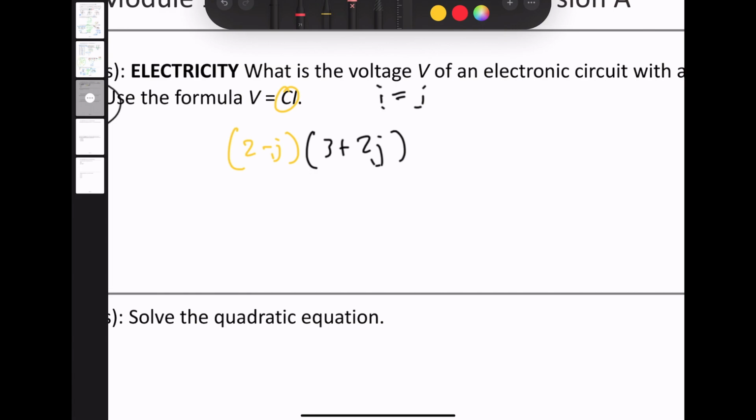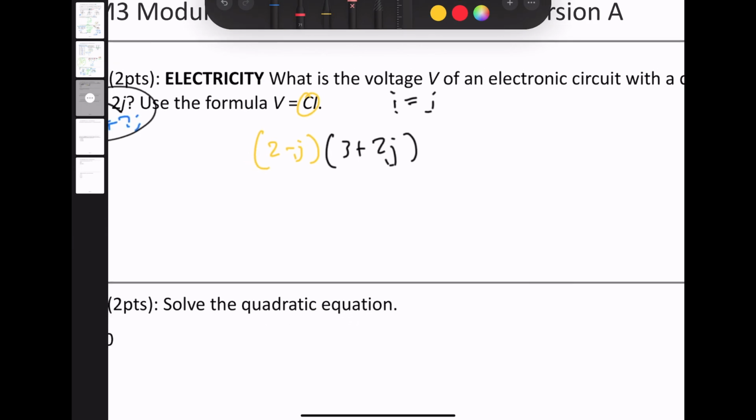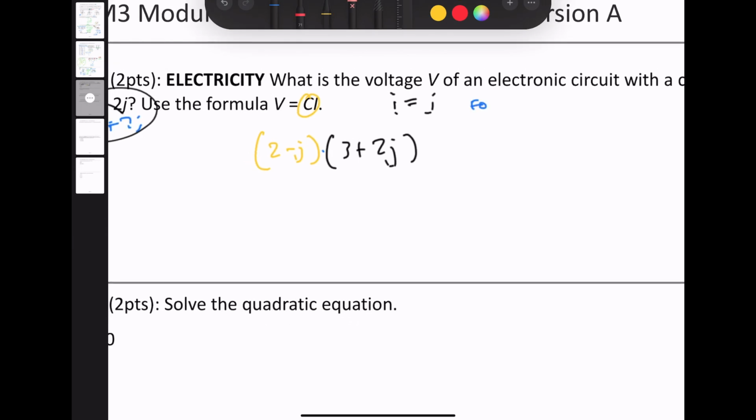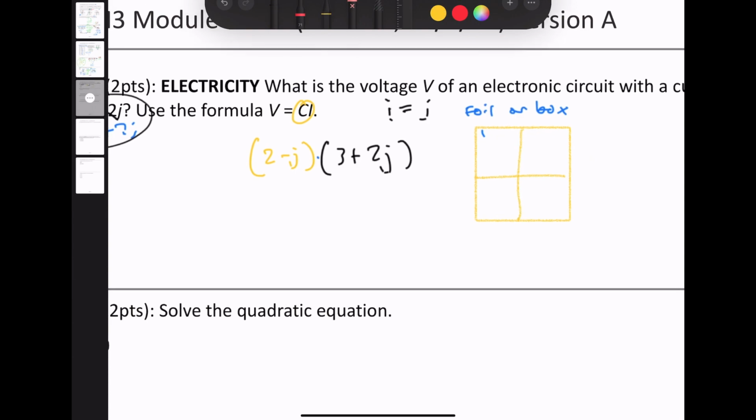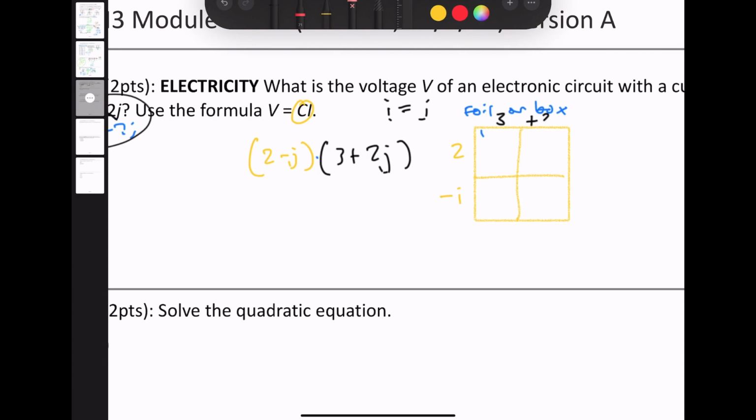Let's go ahead and simplify that. So this is either FOIL or the box. I'm going to show you guys my box. 2 minus j, so no longer am I going to write i's, I'm going to write j's. 3 plus 2j.